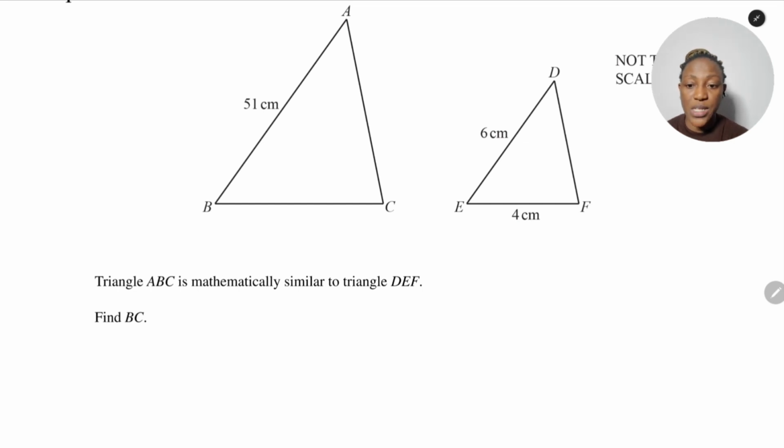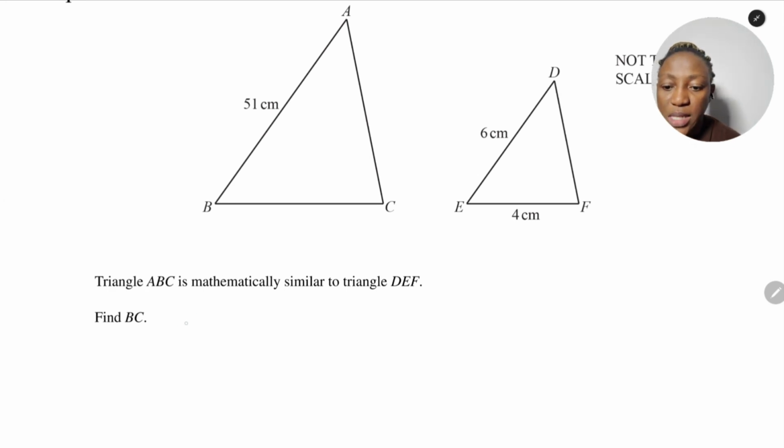To be able to find BC, I can see that BC corresponds to EF. But we need to find a pair of corresponding sides that are provided in both triangles to know how to find our linear scale factor. In this particular question, AB corresponds to DE.